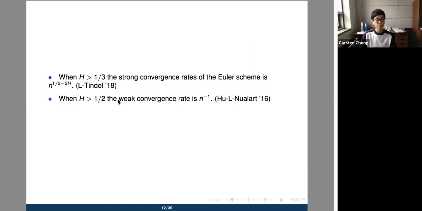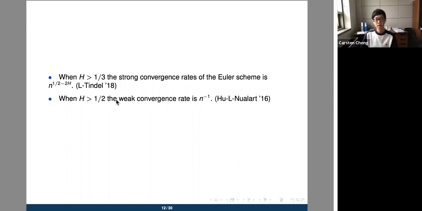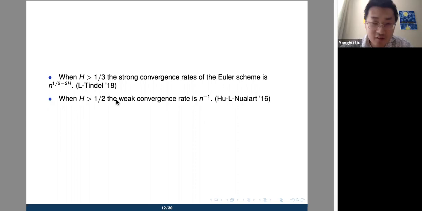In our approach, I used the Brownian-type coupling to be the driving process, and that approach doesn't work for H below 1/3. In the same condition, I think the convergence might fail.